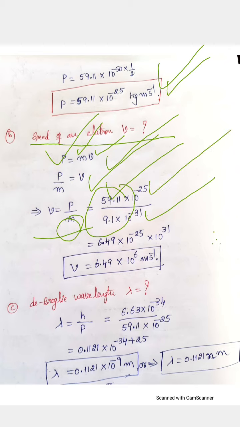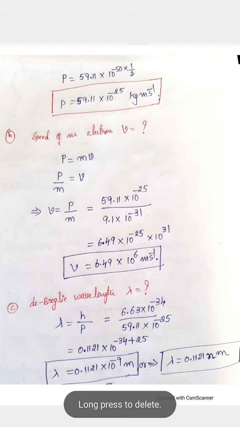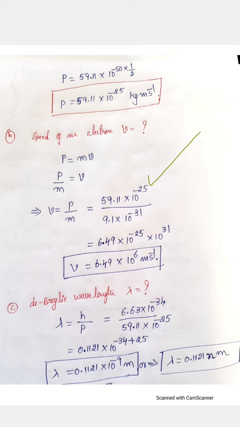P value here I have written, that is 59.11 into 10 to the power minus 25, divided by m, which is the mass of the electron, 9.1 into 10 to the power minus 31. Next, 59.11 divided by 9.1, you will get 6.49 into 10 to the power minus 25.